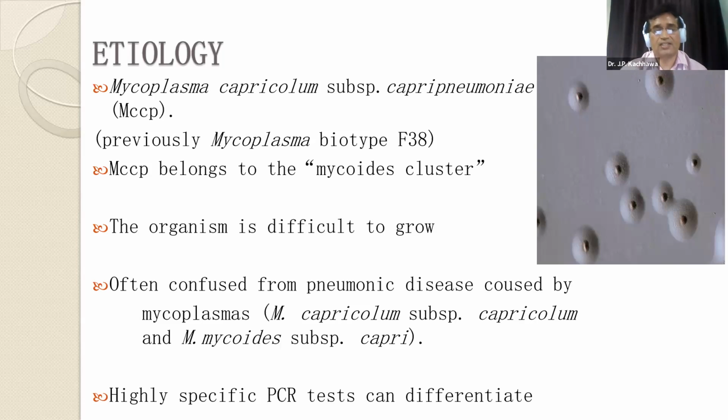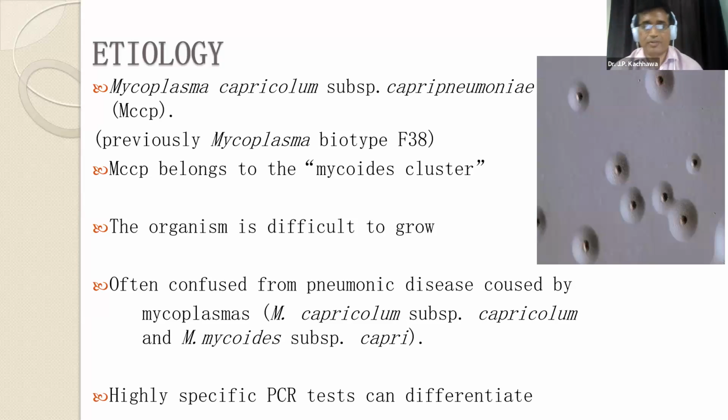This organism is part of the Mycoplasma mycoides cluster, where some other organisms are also put together. These are Mycoplasma capricolum subspecies capricolum, Mycoplasma dg, Mycoplasma mycoides subspecies capri, Mycoplasma mycoides and subspecies mycoides.